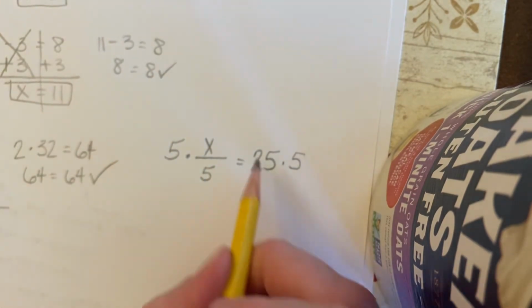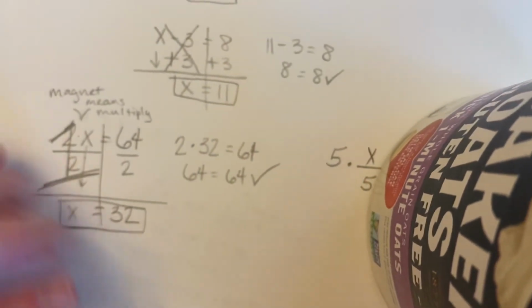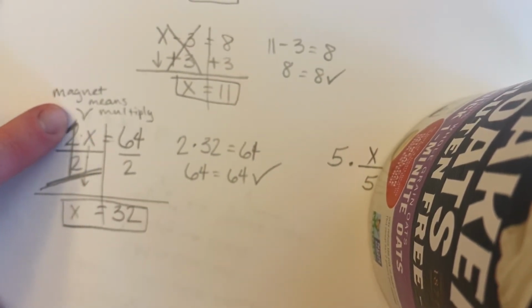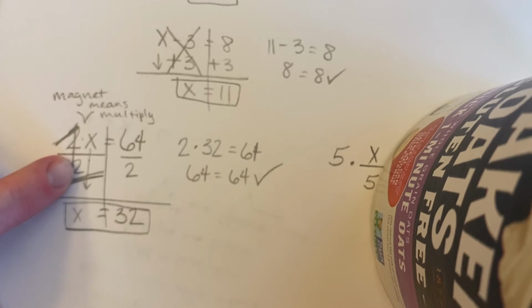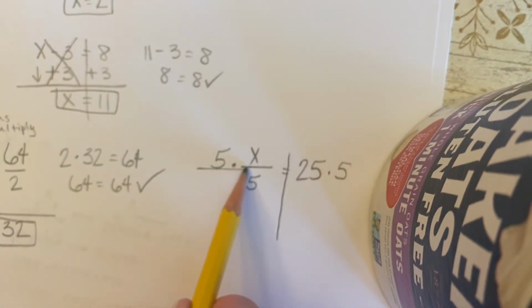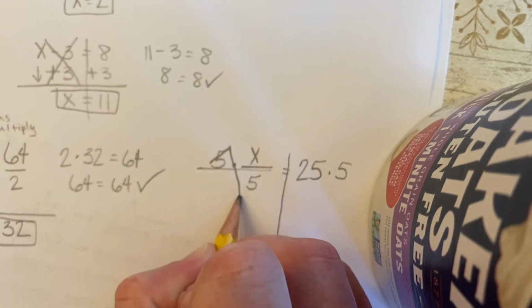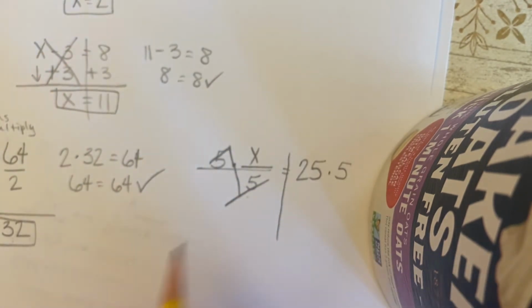Again, what I do to one side, I must do to the other. When I multiply by this 5, I essentially made the same situation that I had over here, where I had a fraction with a top and bottom that are the same. It looks a little different, but really I've got a 5 on top and a 5 on bottom. And since those are the same number, that's that power 1 that I just talked about. That allows me to drop the x by itself, and now I've isolated the variable.